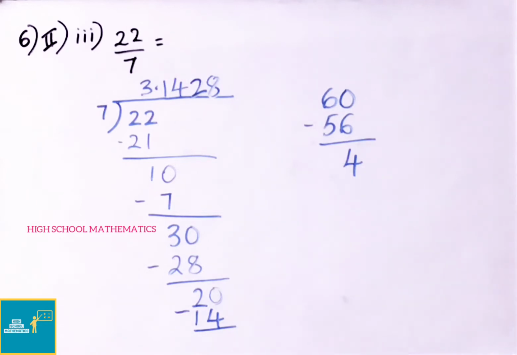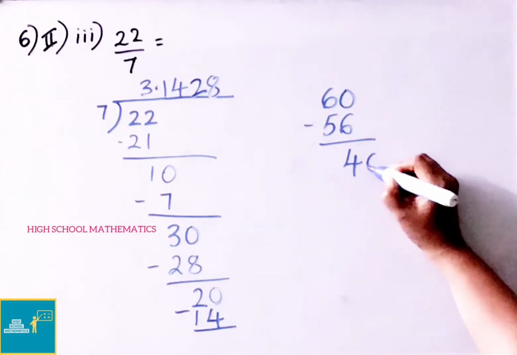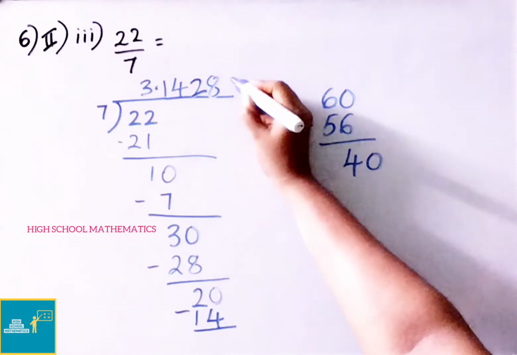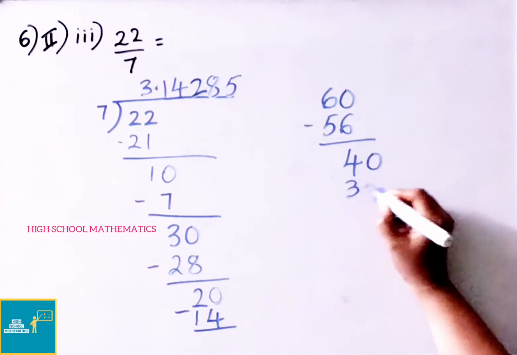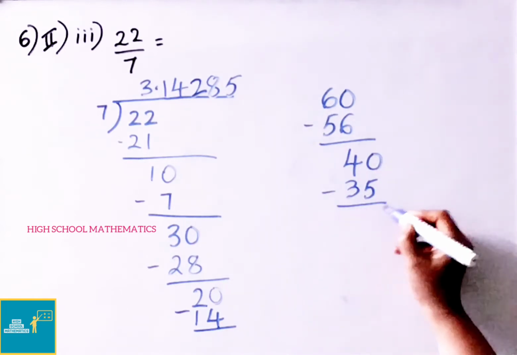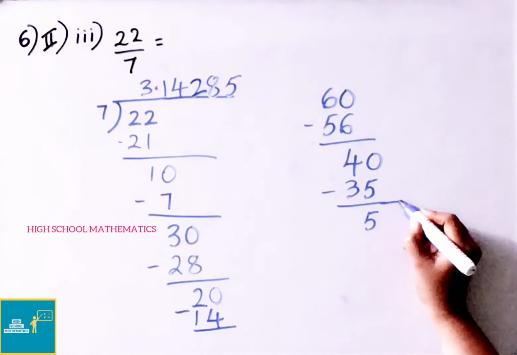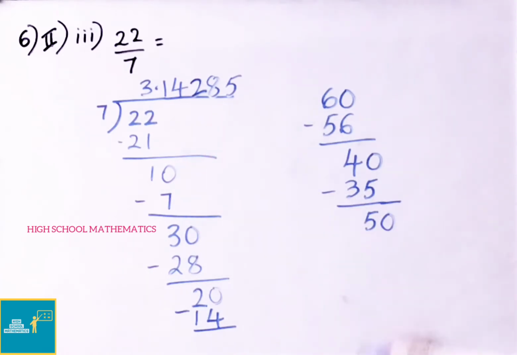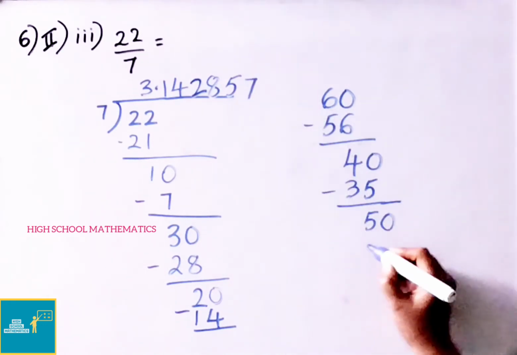This 4 is less than 7, decimal is there, you add a 0 here, now the number is 40. 7 table, 7 5s are 35. So 40 minus 35, you will get a remainder 5. 5 is less than 7, decimal is there, add a 0 now. Now the number is 50. 7 table, 7 times 49.